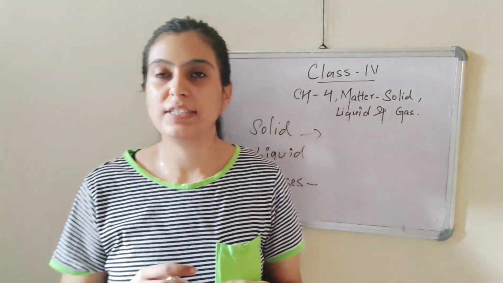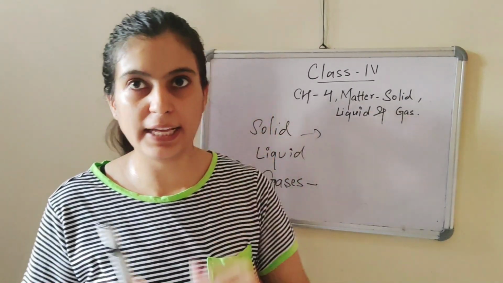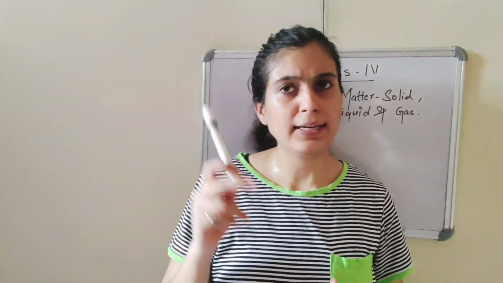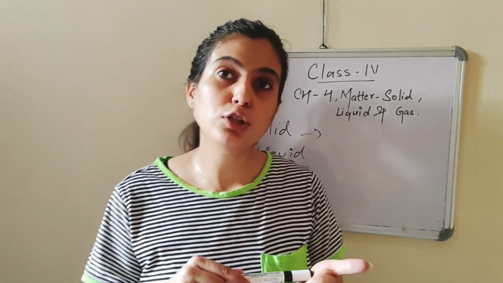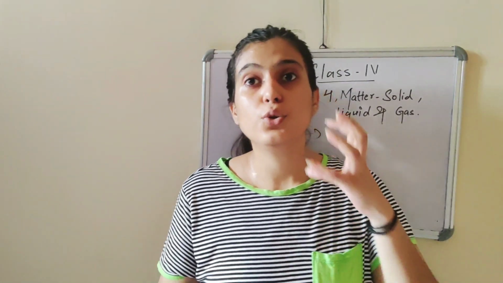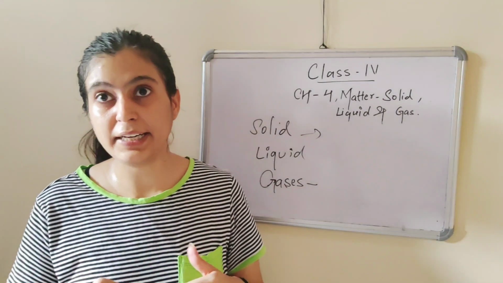Now you must have seen that matter comes in different shapes and sizes. If we consider a table, a marker, a duster, we will see that they have different shapes. They also have different states. For example, you will see a football which is filled with air, right?